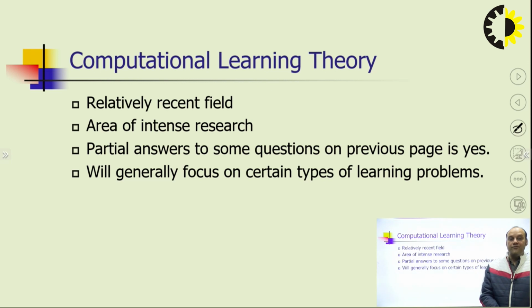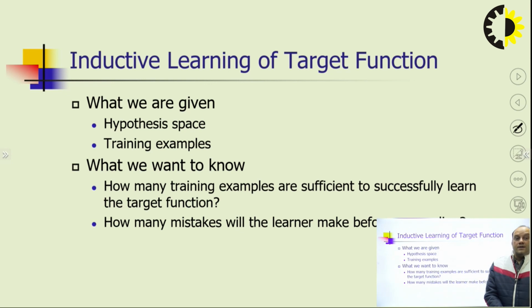We will generally focus on certain types of learning, and one of them is computational learning theory, which we are going to focus on here. What are we given? We are given a hypothesis space H, as we have already discussed, and the number of instances that is provided. Those instances were defined for any particular hypothesis, where the hypothesis h must belong to the hypothesis space.